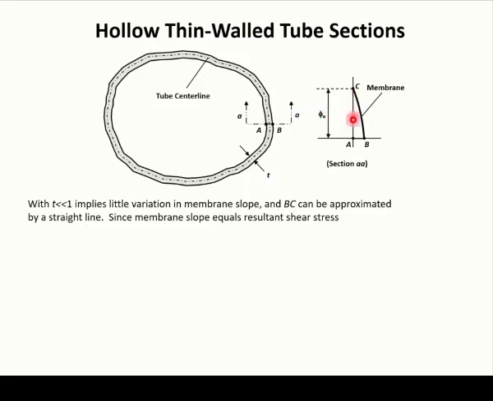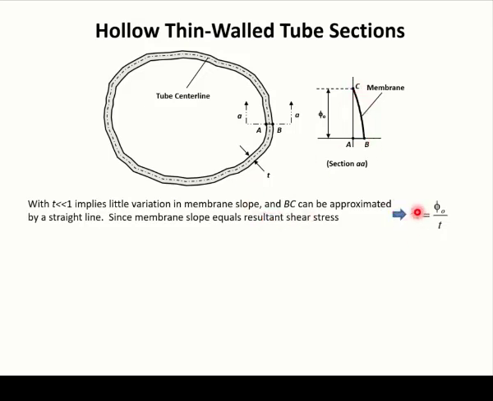Here, from A to C, it will be my phi naught. And if you want to find your shear stress, you need to find the slope, basically the gradient. Since this is almost a straight line, I can assume that my gradient, or basically the slope, does not change.